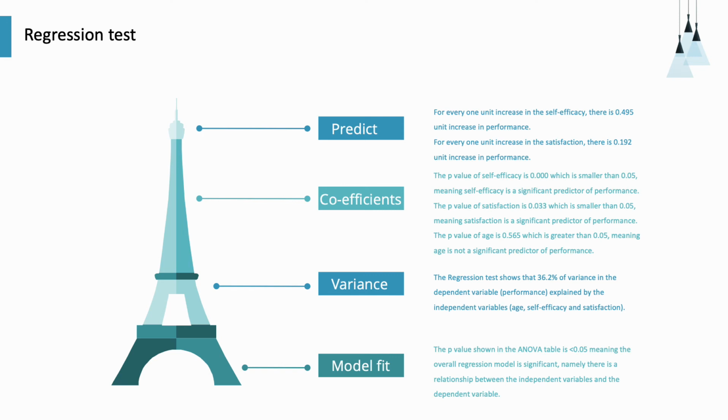For every 1 unit increase in self-efficacy, there is a 0.495 unit increase in performance. For every 1 unit increase in satisfaction, there is a 0.192 unit increase in performance.